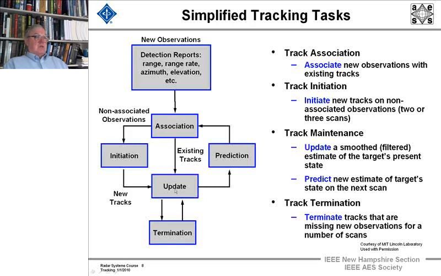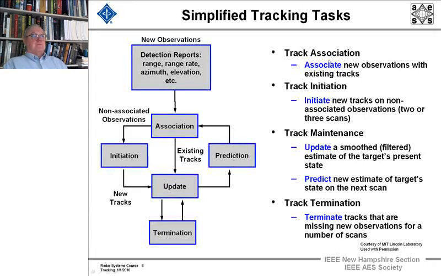And then we have existing tracks get updated, and the updates will be used for prediction and for association at the next scan. And if it's non-associated, we initiate a new track, and then we update the disk file. I made it as a disk, but it's really computer memory these days. And then we keep updating the track, or we terminate it when we get no more reports that the track is there.